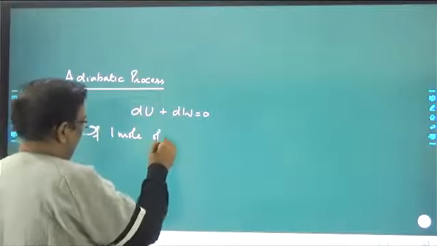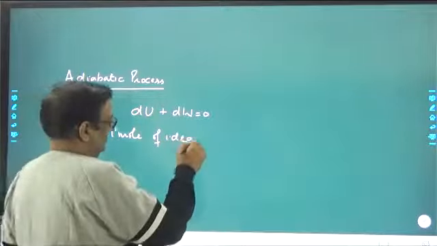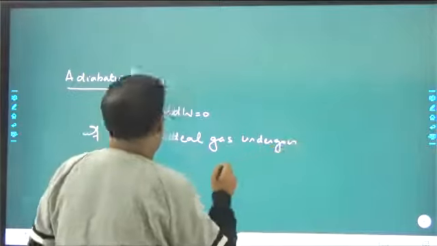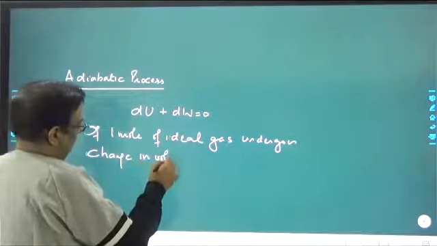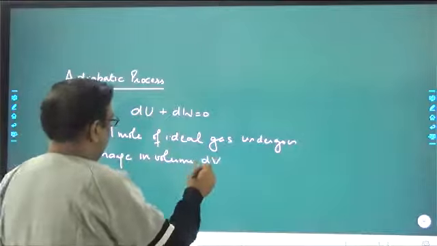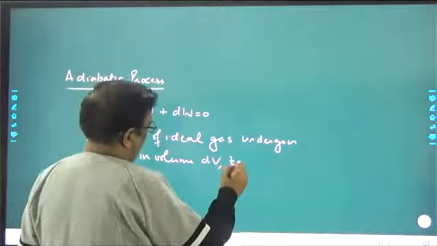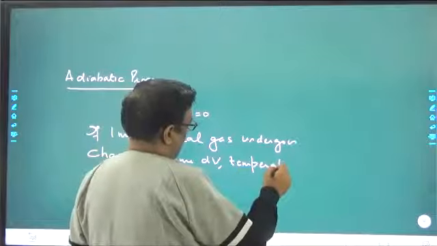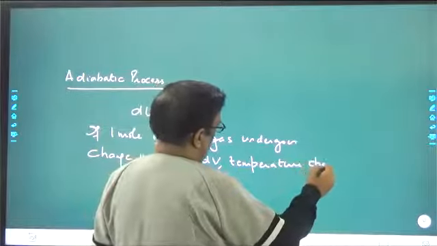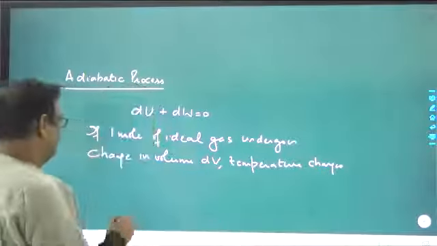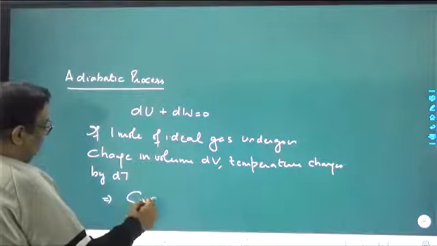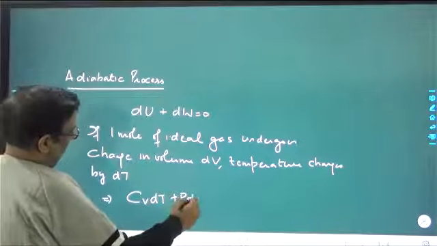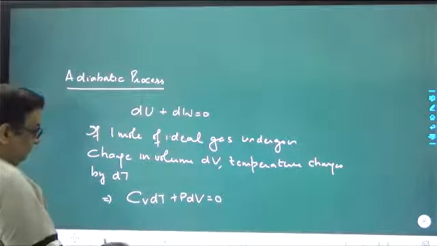If 1 mole of ideal gas expands, the gas undergoes a change in volume dV and the temperature changes by dT. So dU is Cv dT plus P dV equals 0.